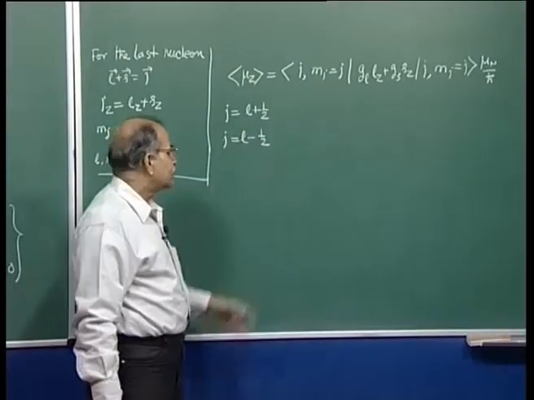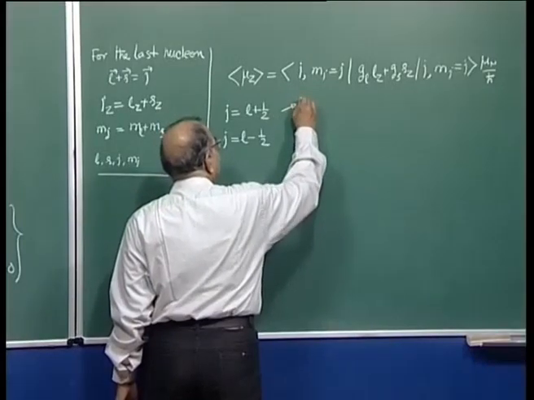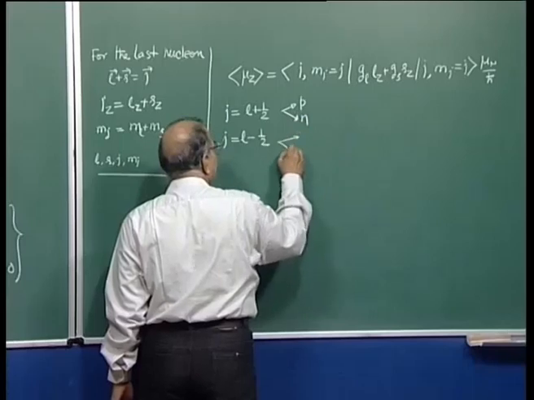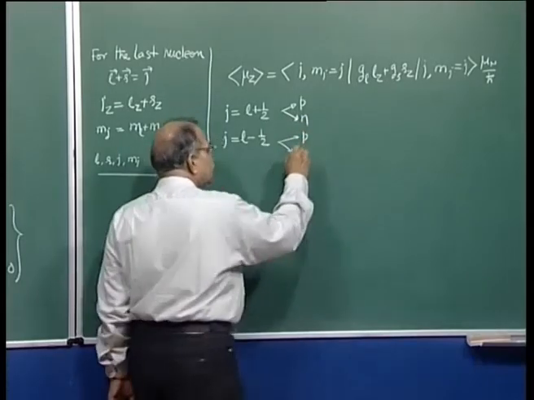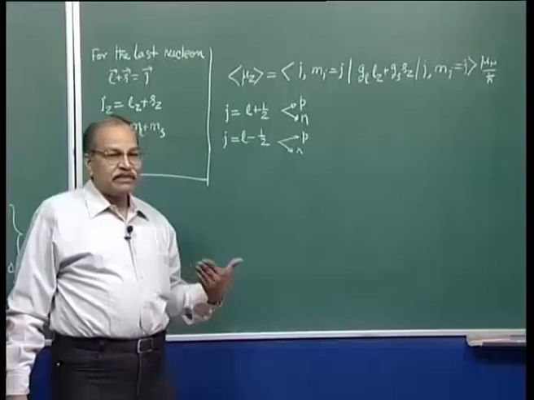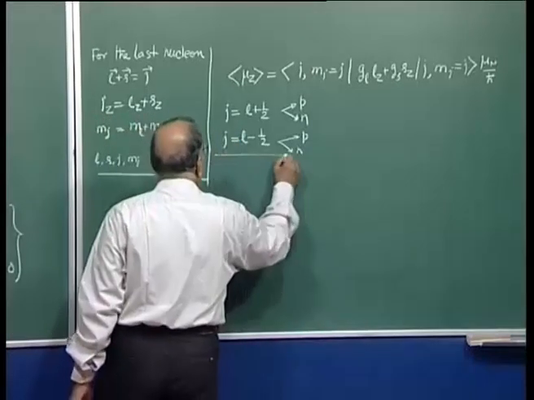So, these are 2 cases, and then in each of these you have the last nucleon being a proton or the last nucleon being a neutron, because for proton and neutron these g values are different. So, you have to consider them separately. So, first let me take this case which is easier to handle.